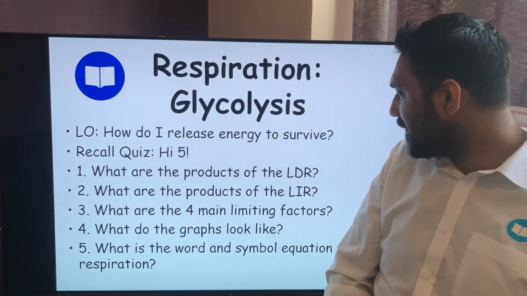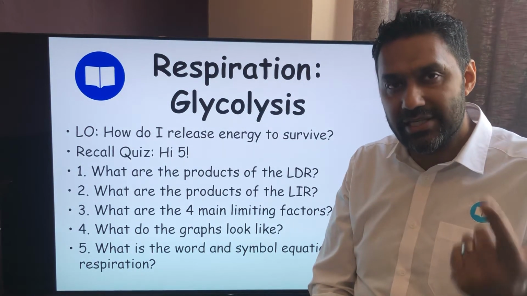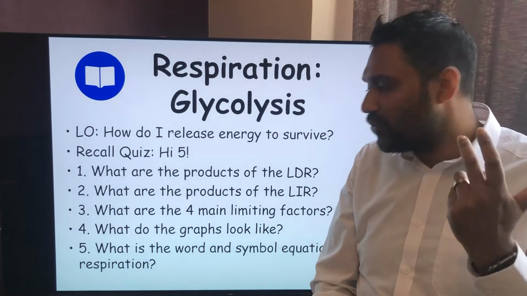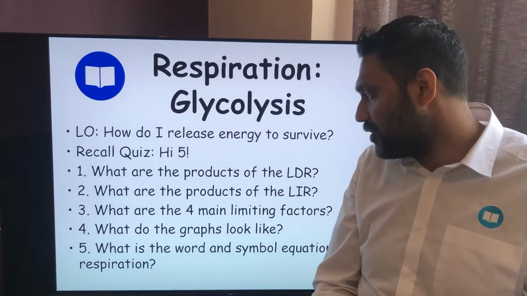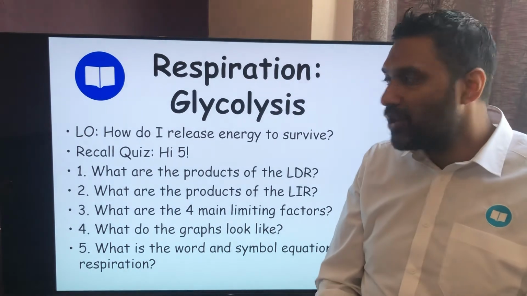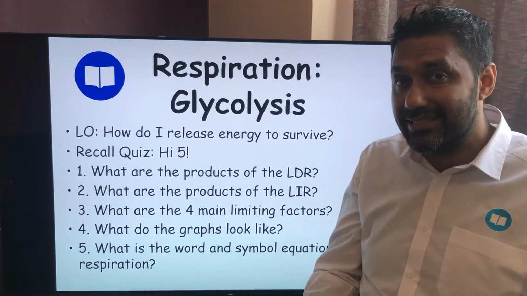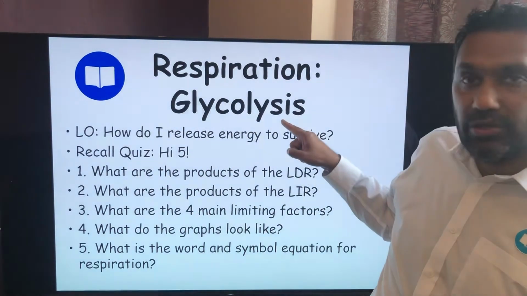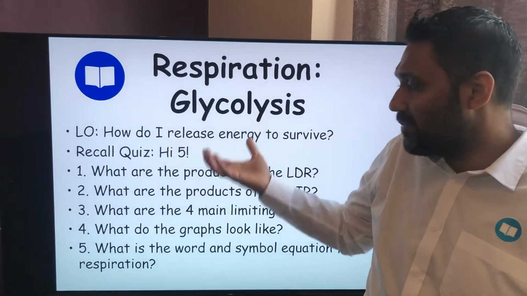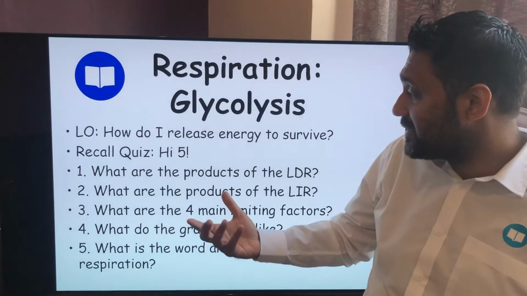Now, what are the 4 main limiting factors? You've got light intensity, carbon dioxide, temperature, but you've also got the amount of chlorophyll or the amount of chloroplast that you've got there. What do the graphs look like? Well, if you've got the carbon dioxide or the light intensity graphs, they go up and then they plateau because you can't go any faster because you've got maximum amount of CO2 or light energy for the light intensity.